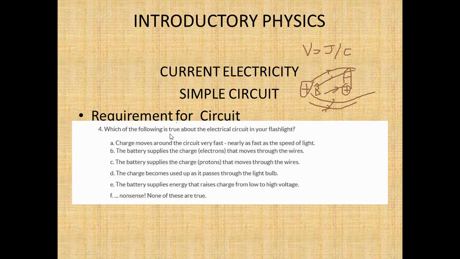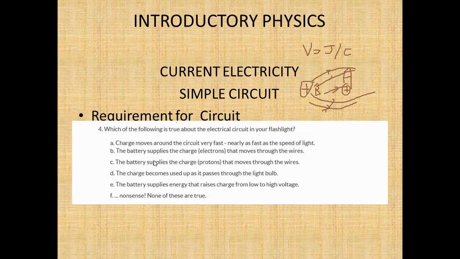Which of the following is true about the electrical circuit in your flashlight? The first one said charge moves around the circuit very fast, nearly as fast as the speed of light. The battery supplies the charge.